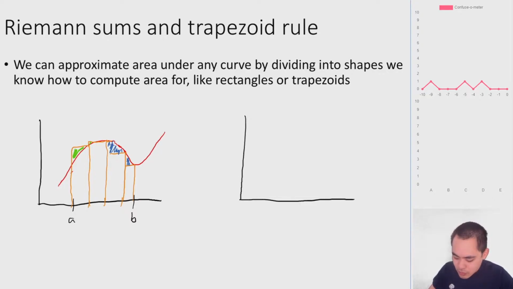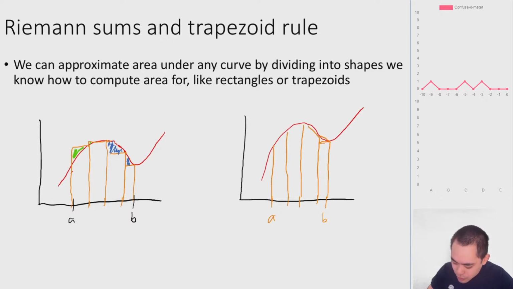So let me get my curve again. That's not exactly the same curve, but hopefully it's close enough. We have A, we have our B here. And so we divide them into 4 rectangles again. But then instead of just dividing up into 4 rectangles, we add a little triangle right here.